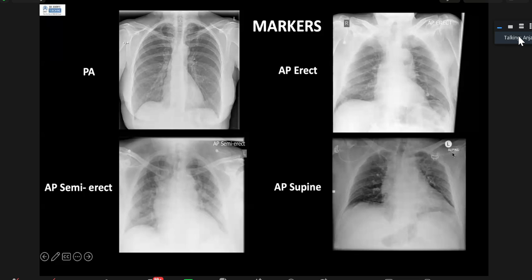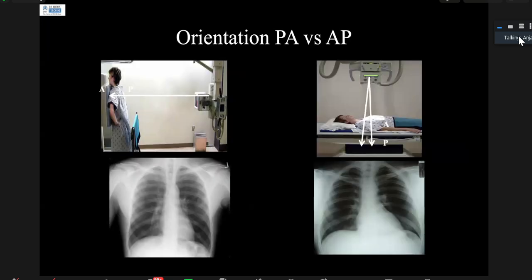When it is a supine view, it is understood that it is an AP view. Okay, it cannot be a PA view. And here there is a marker, AP semi-erect. So all these markers, once you read them, the way you're going to interpret that X-ray is going to be based on the nature of the projection, or based on what you've read now, right?